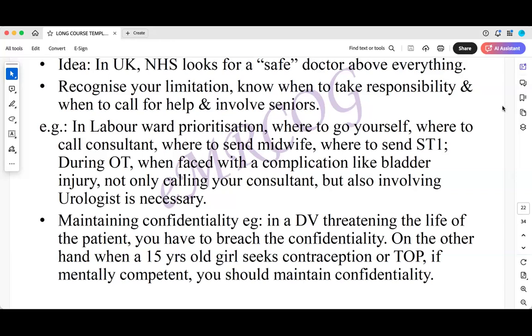You have the point of, for example, you didn't inform the police about a case of FGM. Do you think you affected the patient safety? If a minor had FGM, do you think that you have affected the safety? Yes, you did, right?